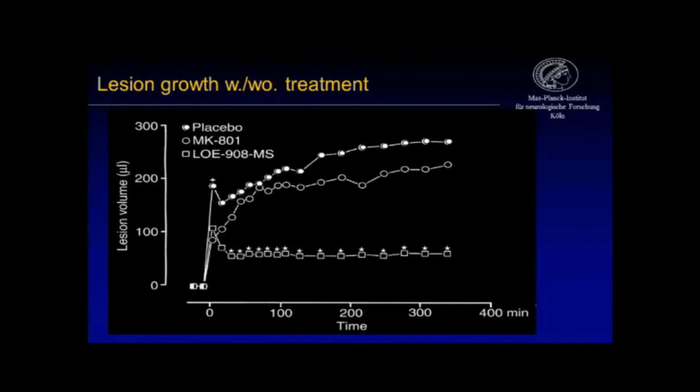With MK801, which is an NMDA antagonist, you see that you only have a slowing down of the expansion of the process. With the other drug here, you see an instantaneous freeze after the drug was given. There's no further lesion expansion any longer.